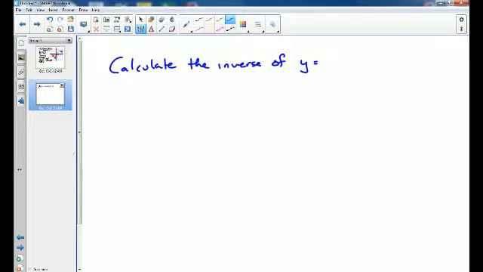Okay, I'm going to write this up here. If you want to work it, go ahead, because I'm going to be real slow. So again, inverse concept: switch x and y, and then solve for y.